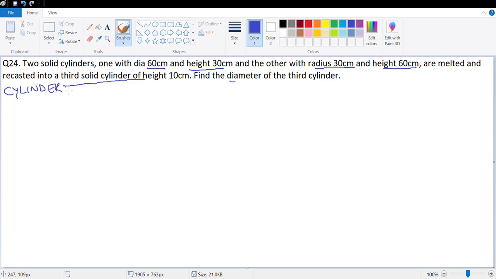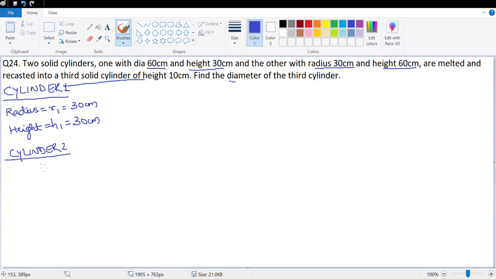So let's write down the information available to us. For cylinder 1, diameter is given. So radius R1 is equal to 60/2, which is 30 centimeter. Height H1 is equal to 30 centimeter. For cylinder 2, radius R2 is given equal to 30 centimeter and height H2 is given equal to 60 centimeter.